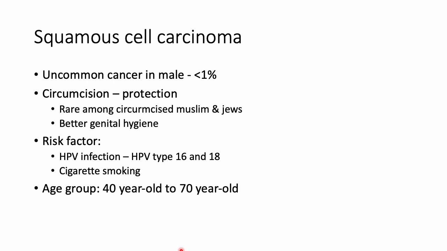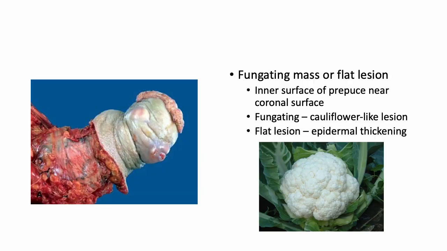If there is earlier sexual activity, and especially if they have multiple sexual partners and are involved in high risk activities, after 15 to 20 years they will start to develop cervical cancer. So it's almost the same with penile squamous cell carcinoma.